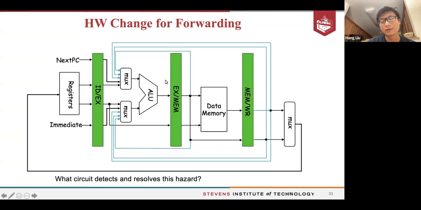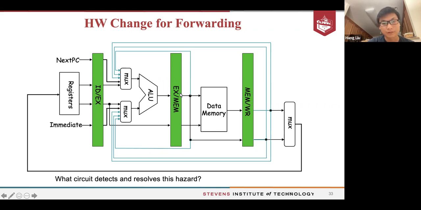And then we can also have wires to forward data from the memory stage to instruction decoding, okay. We can also forward that to execution here, right?